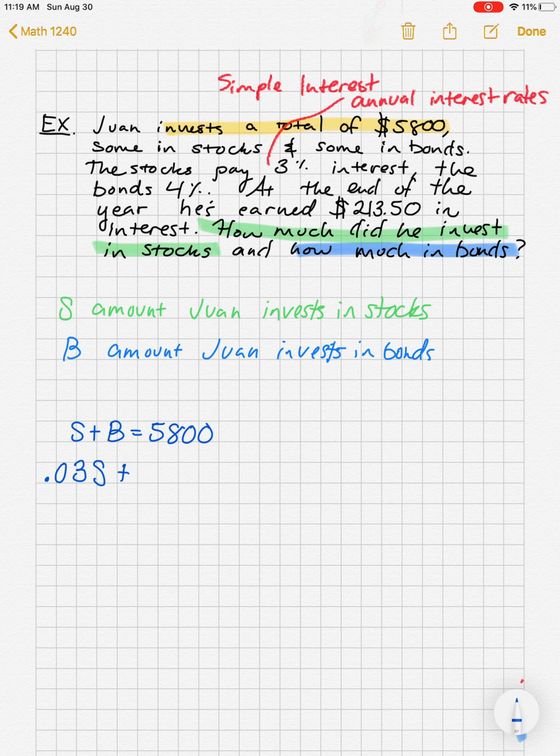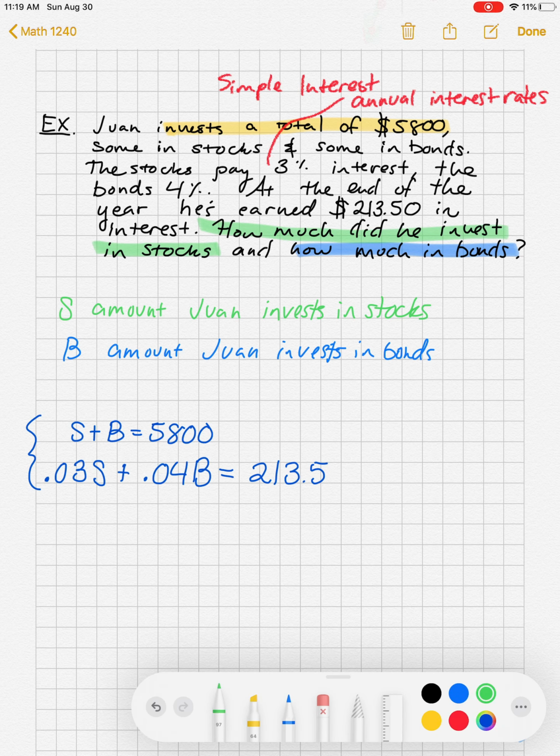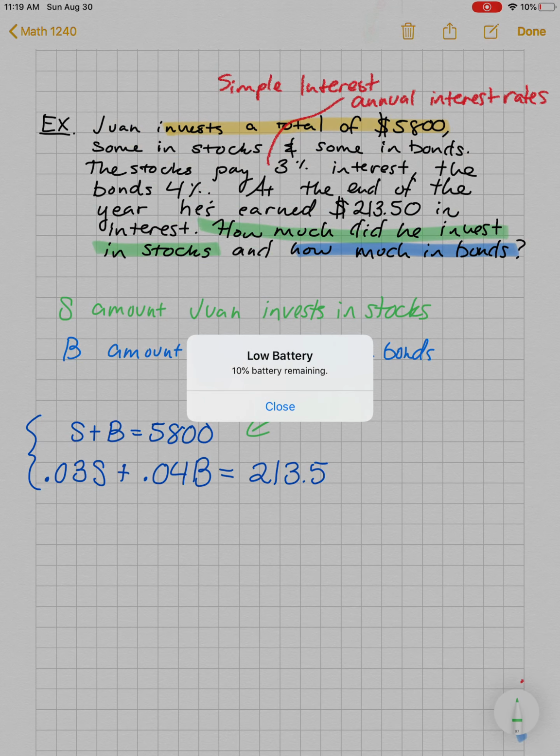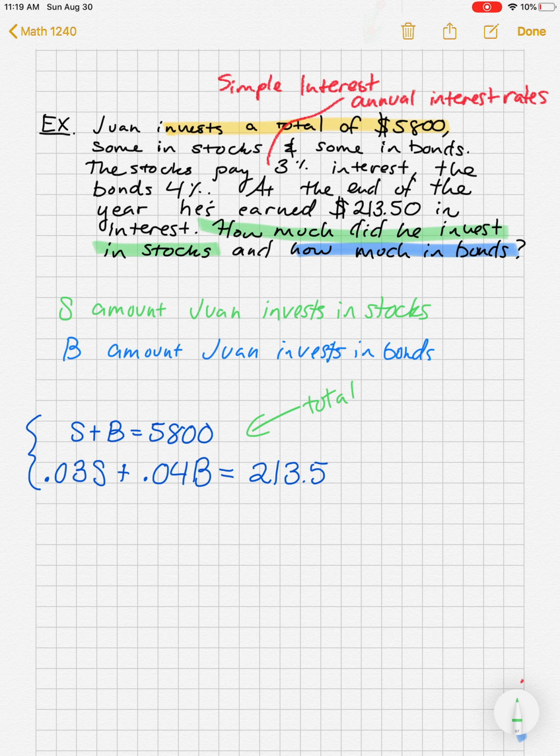Then he's going to add in the amount he earns on the bonds. He earns 4% of whatever amount he invests there, to give him a total of $213.50 in interest. So I have two equations. This one represents the total money. This one represents the interest.